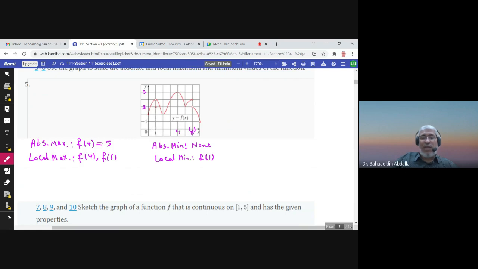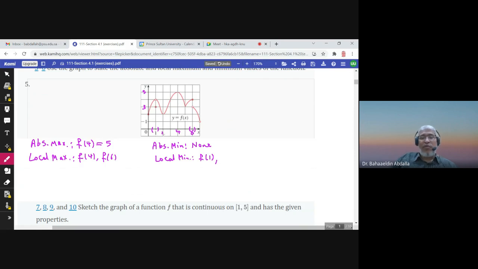And in an interval around 1, 3 is less than f of 1.1, f of 1.2, f of 0.9, f of 0.8. F of 1 equals 3 is less than all the values near 1. So it is really a local minimum.